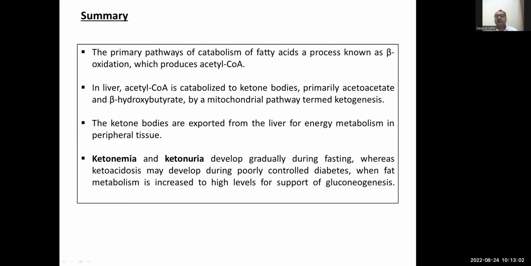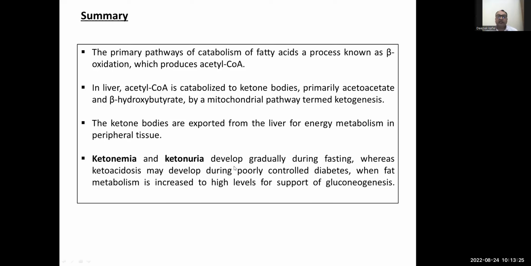And then let us see a brief summary of today's lecture. The primary pathway of catabolism of fatty acids is a process known as beta oxidation. It leads to the production of acetyl-CoA. In the liver, acetyl-CoA is catabolized to the ketone bodies, primarily acetoacetate and beta-hydroxybutyrate, by a mitochondrial pathway termed ketogenesis.